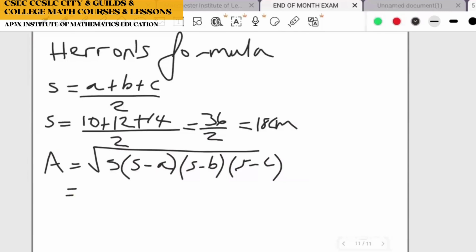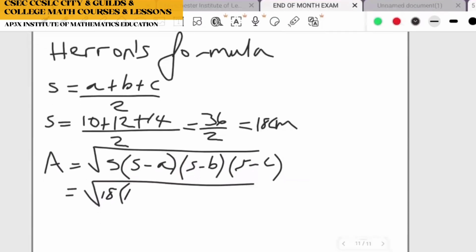So then we have the square root of S, which we just calculated earlier to be 18. And then I'm going to open the bracket. I'm going to write 18 again. I'm going to minus the number that I refer to as A, which was 10, because that's what I called A up here.